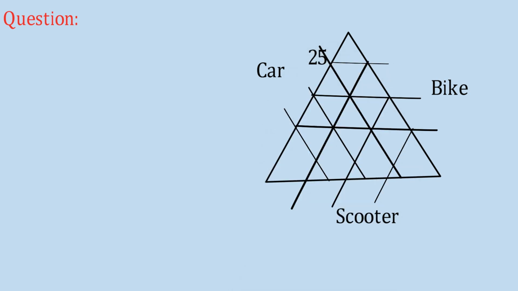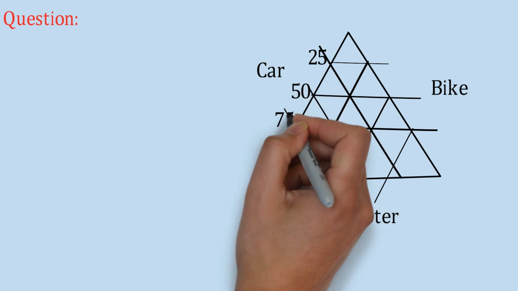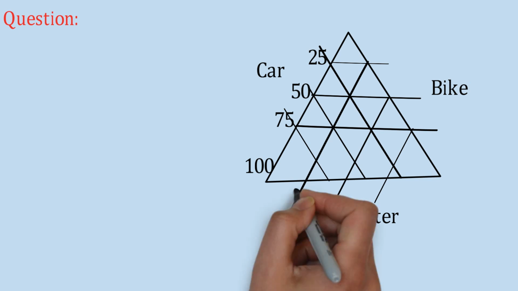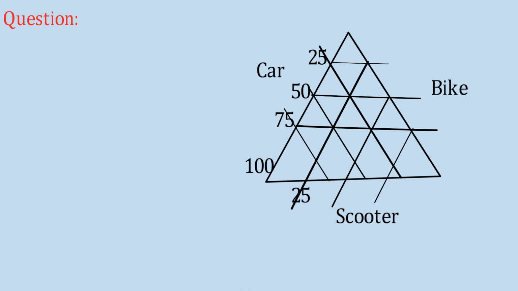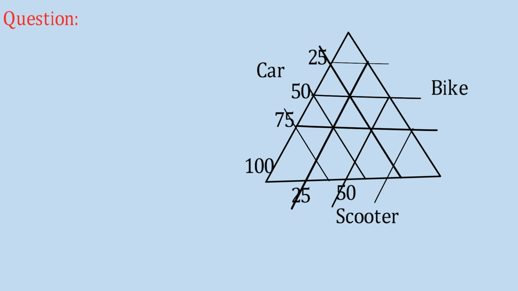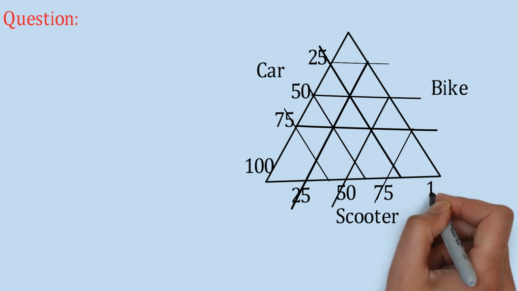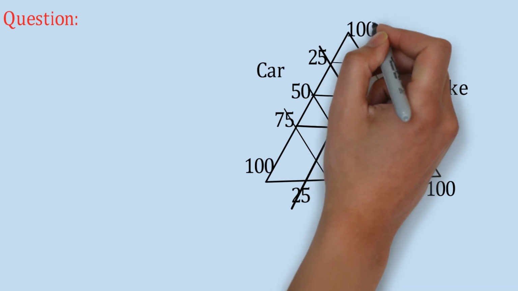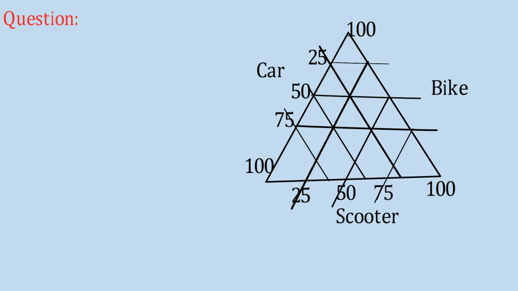And this is the percentage distribution. So for car, it is 25, 50, 75 where the line cuts, and then 100. Similarly, these lines cut equally at every point, like 25, 50, 75 and 100 for scooter. And then for bike, it was like this: 100, 75, 50, 25.